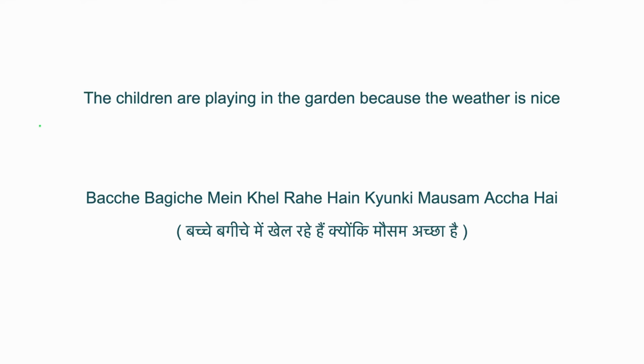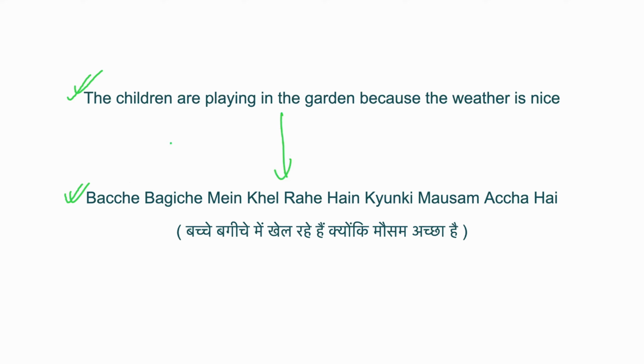Suppose we have input in English, and this is our output. We are translating from English to Hindi, basically Roman Hindi, because we are using the English alphabet in this Hindi sentence. So this is our machine translation task.